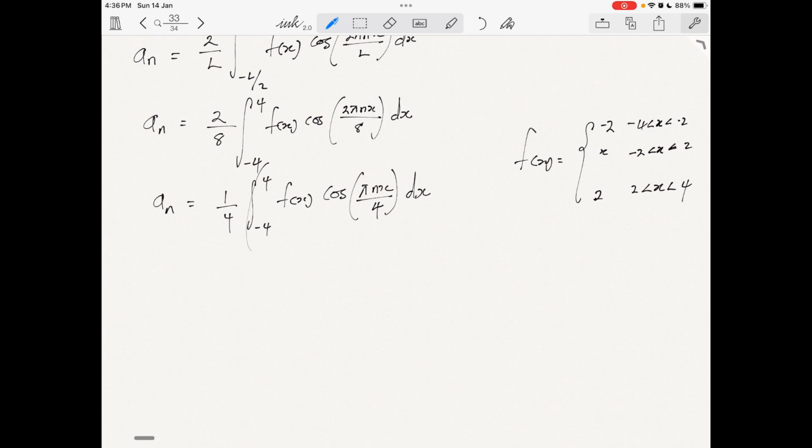So we can split minus 4 to 4 individually like we have done for A naught.